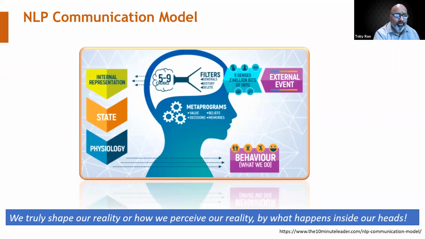Nobody can use the system." That could cause a panic between the whole program team. Now, why would he have done that? That's his internal representation, his state of mind, his physiology.